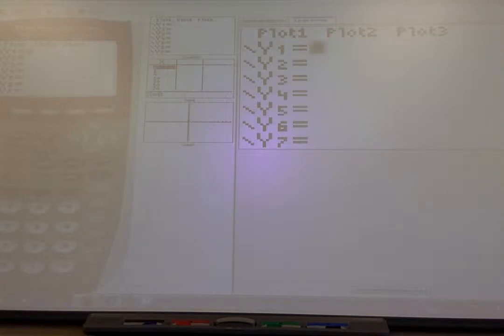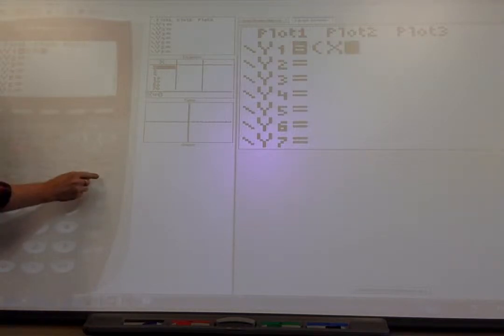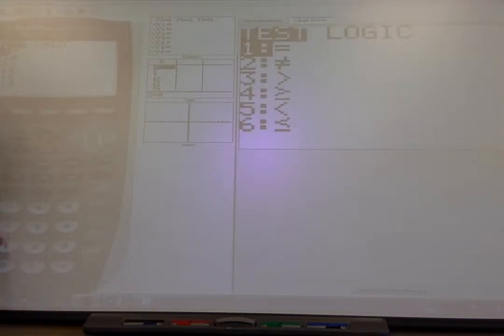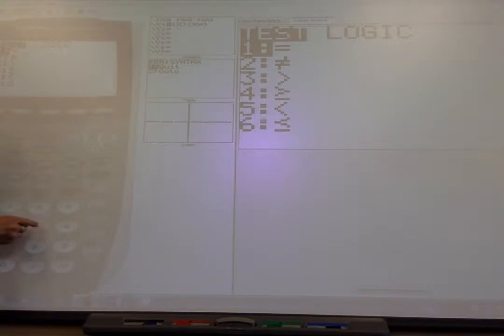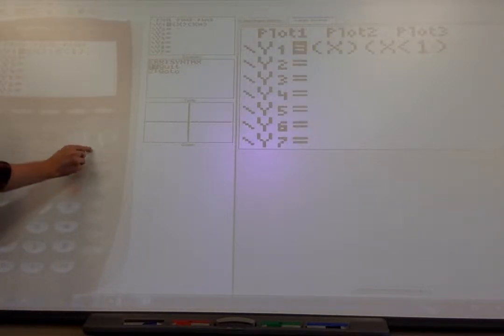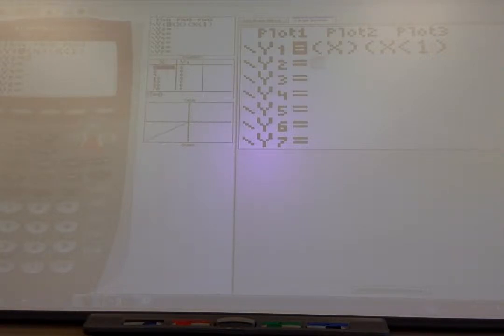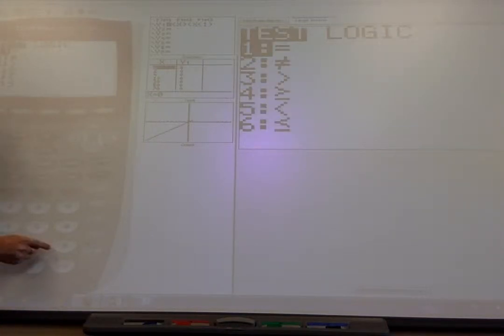But we have y equals x if x is less than 1, so I put that in parentheses. And the other piece that we could graph is negative x plus 2 if x is greater than 1.